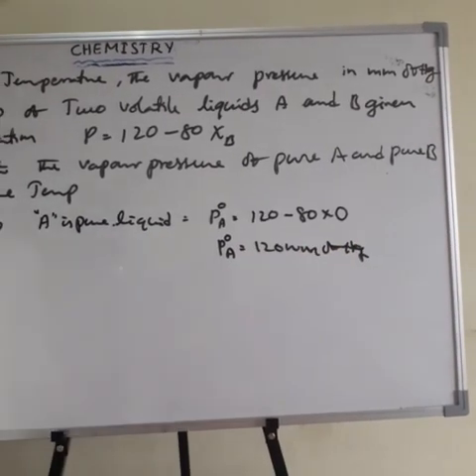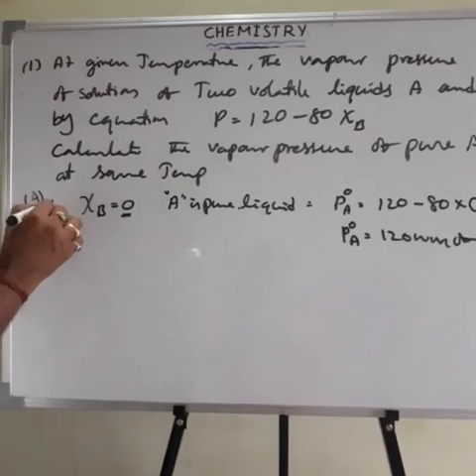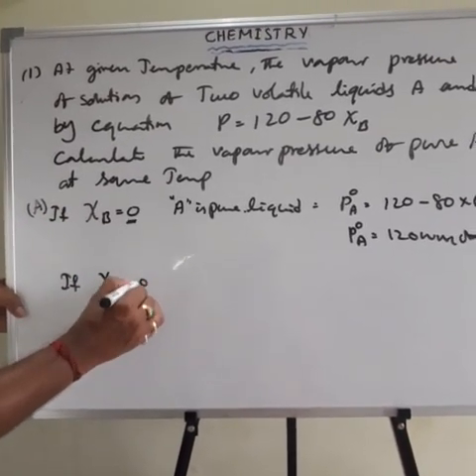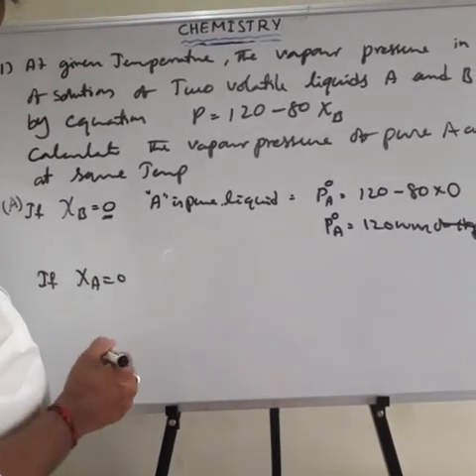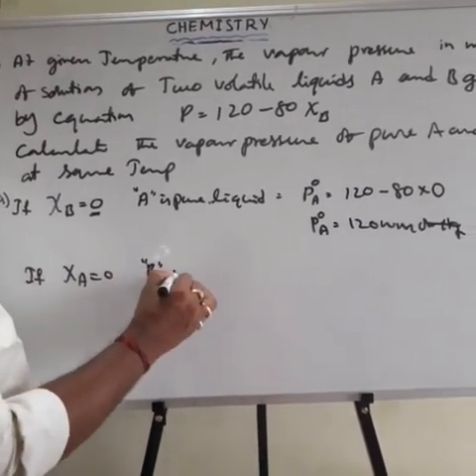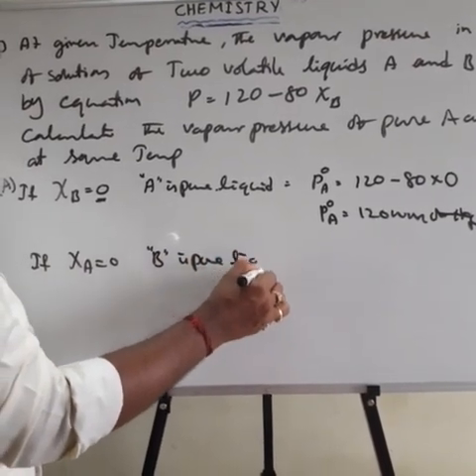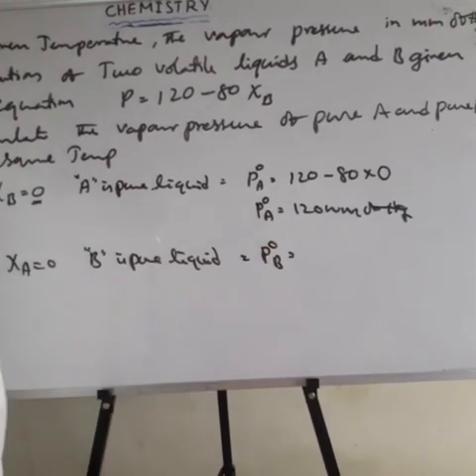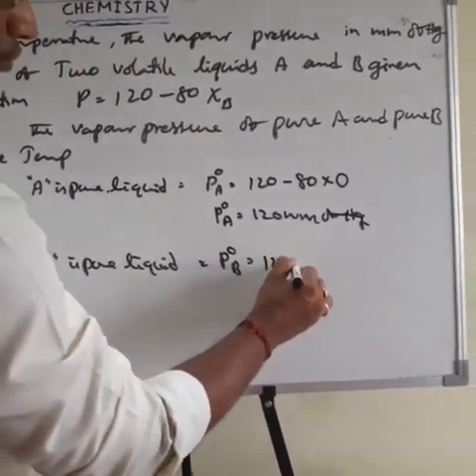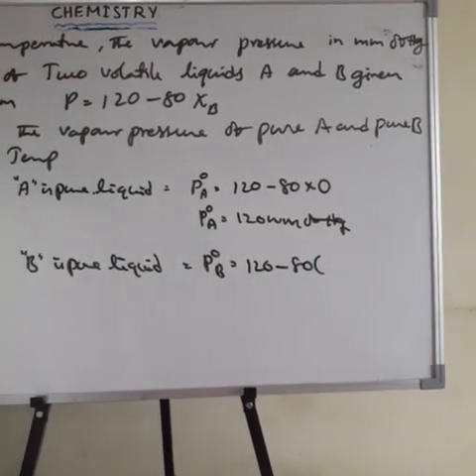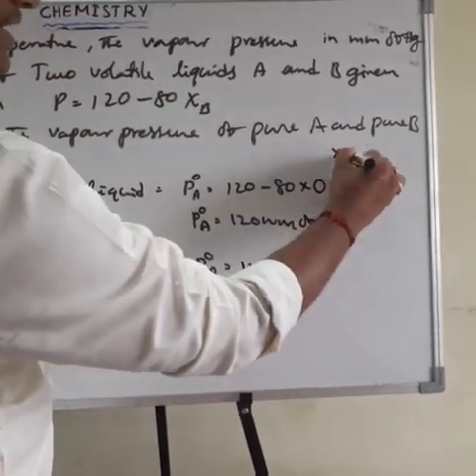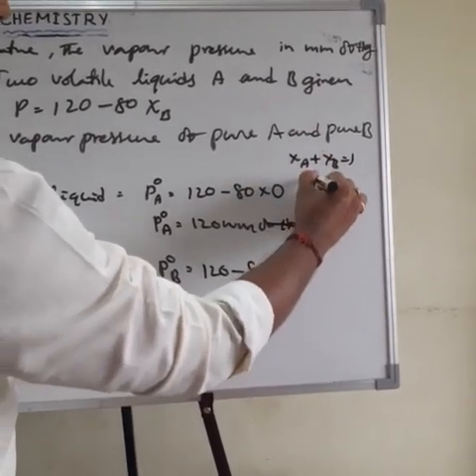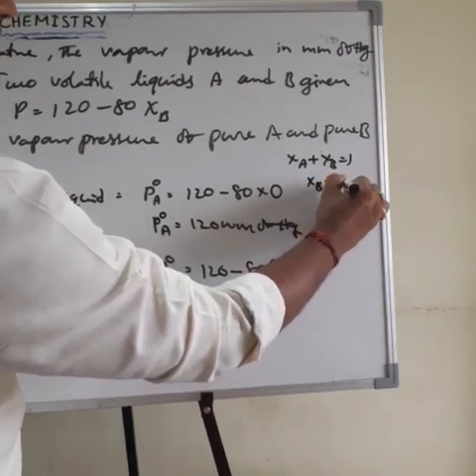The next one: if XA is equal to 0, then B is a pure liquid. Therefore, P naught B, the vapor pressure of pure compound B, is equal to 120 minus 80 into XB. Here XA plus XB is equal to 1, so XB is equal to 1 minus XA.